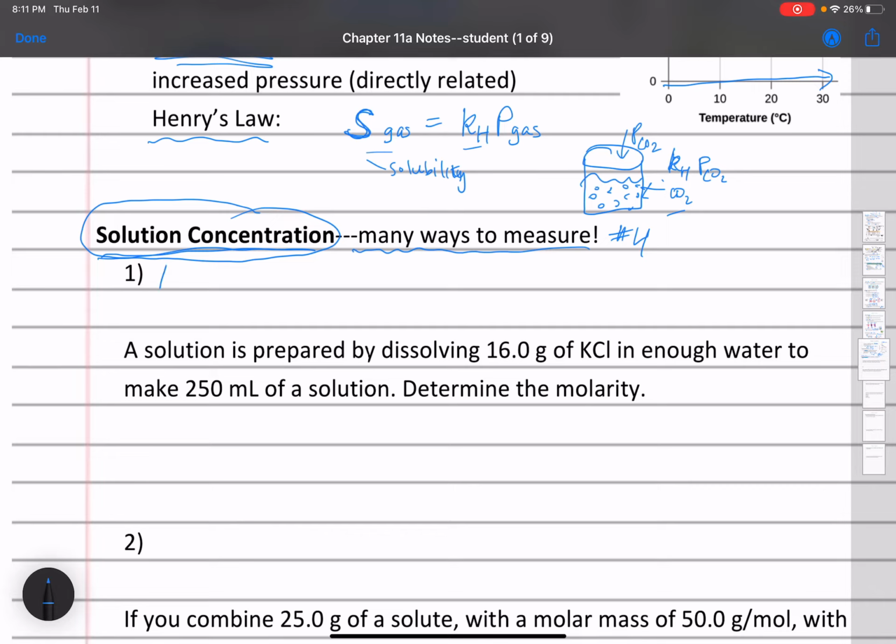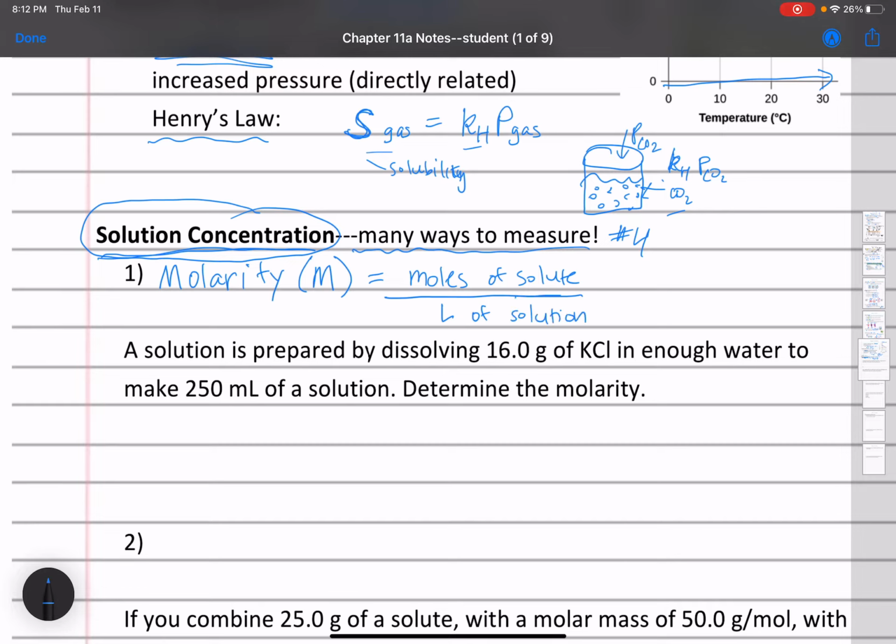The first one that's used the most in chemistry is molarity. And molarity is abbreviated with a capital M. And molarity is the moles of solute per liter of solution.